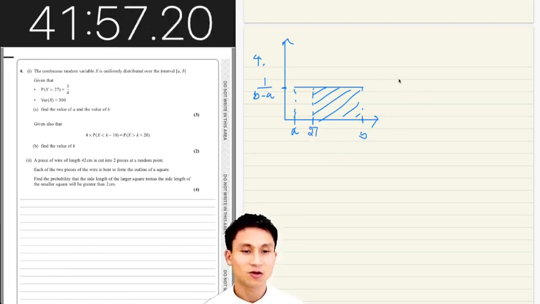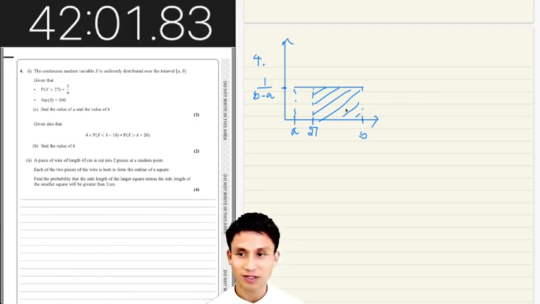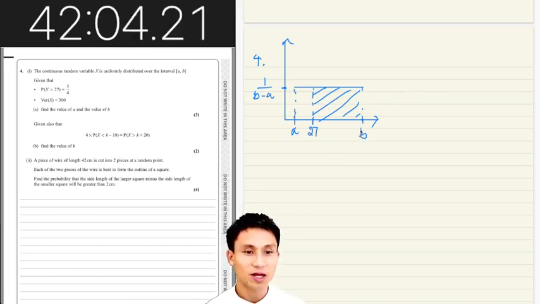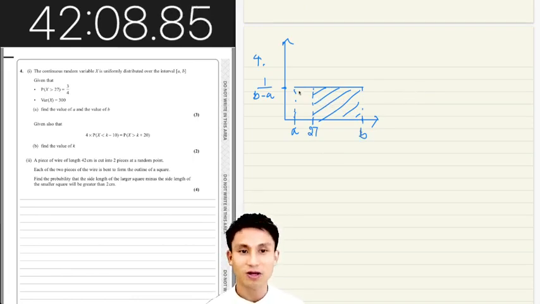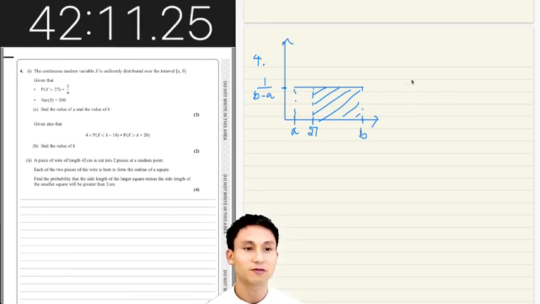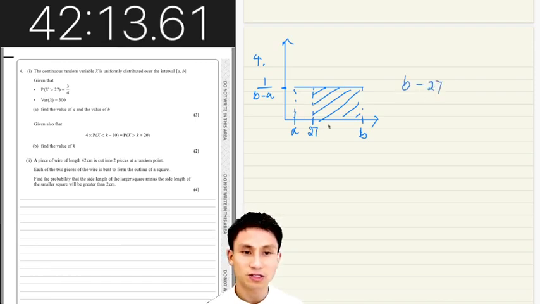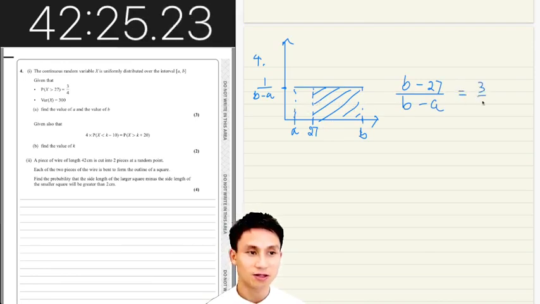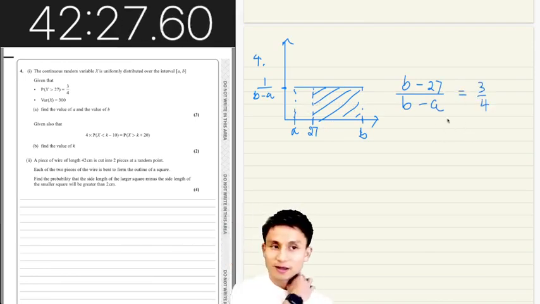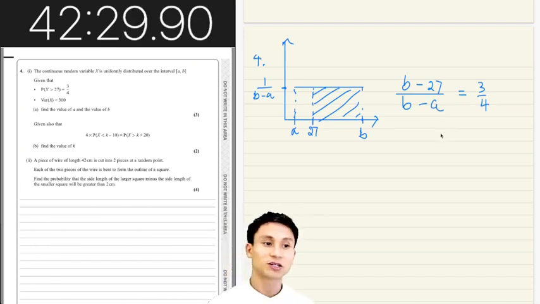Okay. So we can just find the area proportion of this, yeah, and equate it to 3 over 4. So it's basically like finding the fraction of the area compared to the entire box here, if you like. So that's going to be b minus 27, which is just this width here, divided by b minus a. Yeah, just the proportion of the length over the entire length, right? And that's going to be equal to 3 over 4. So we are getting an equation of b in terms of a, maybe.